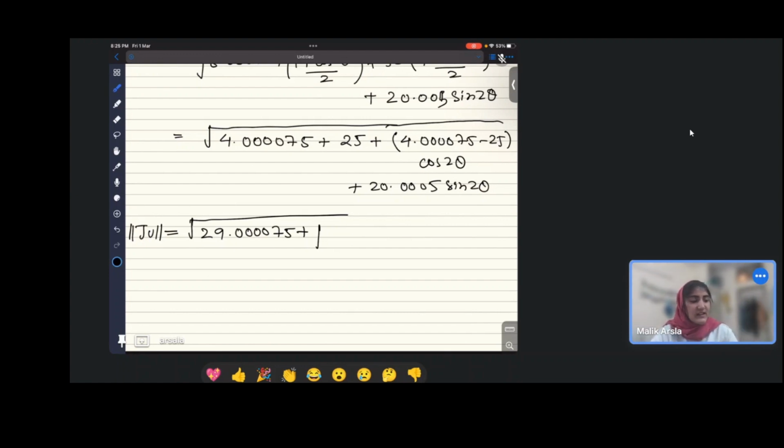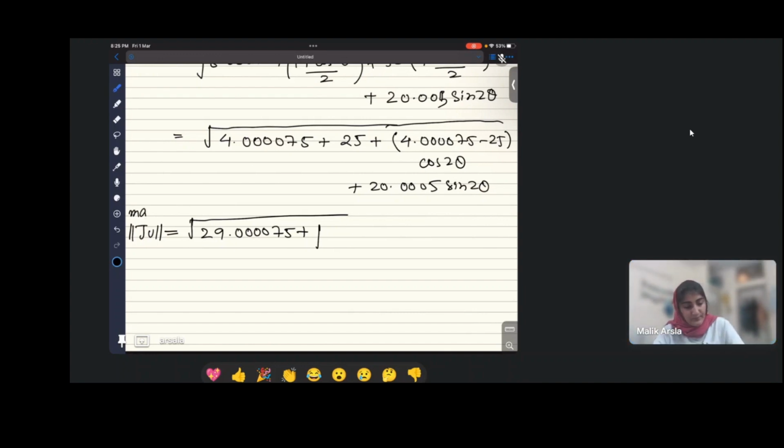Because see this thing here, 29.0075, it's constant. What is going to be variable or changeable is this cos 2 theta and sine 2 theta. So since you have to maximize JU, what will be the maximum value of this?